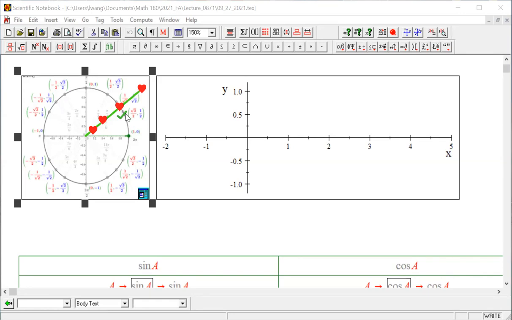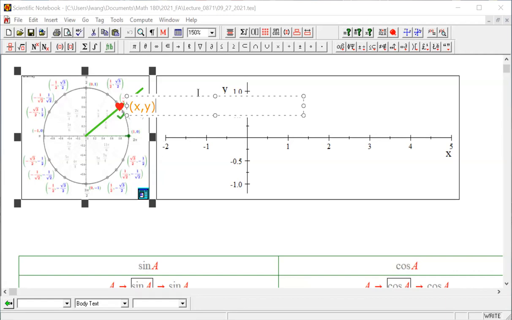What is the convenience? The convenience is that the hypotenuse of that right triangle is going to be 1. You see, the point is here, and this is the point x comma y.